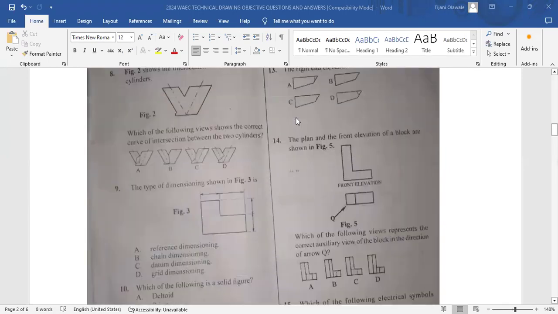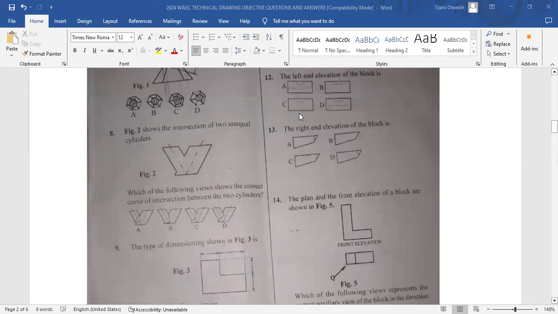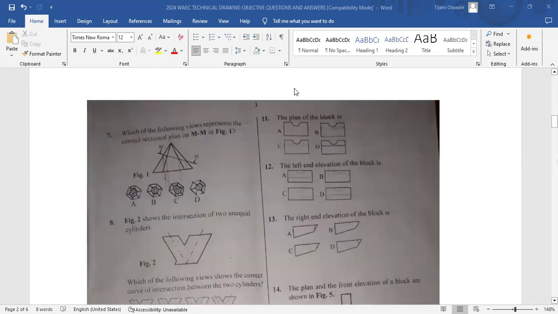So looking at the options that we have here, option A is the answer to the question. Sorry, so this is question 11. So option C is the answer to the question.